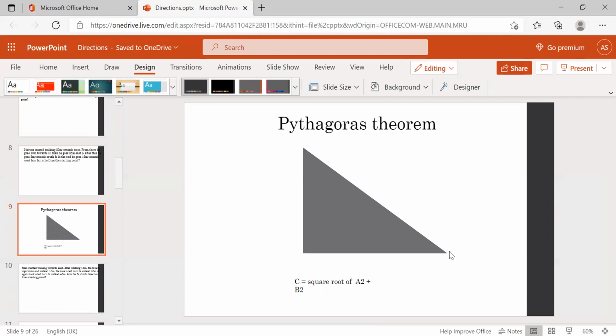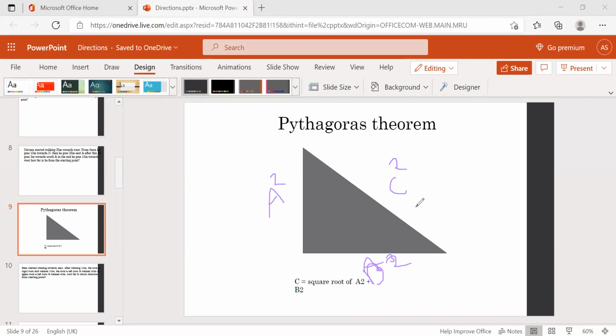C, this length equal to square root of this length and this length, right? So we know that C is the square root of A square plus B square.